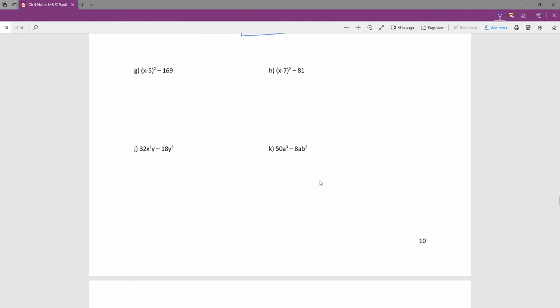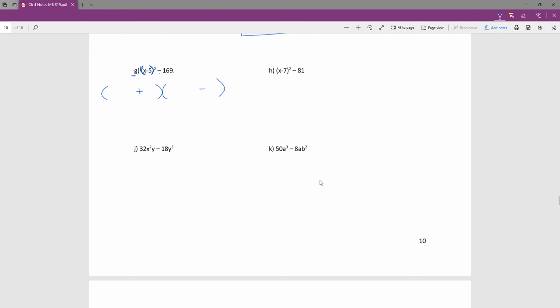A few more down here at the bottom, they start to get a little weird. This one still fits the pattern of difference of squares. Now we have a lot in these brackets that are squared, but it's still something squared, and a minus sign in between. So we're going to make my brackets a little bigger. And I find this one to be a lot easier if I show people how it goes.